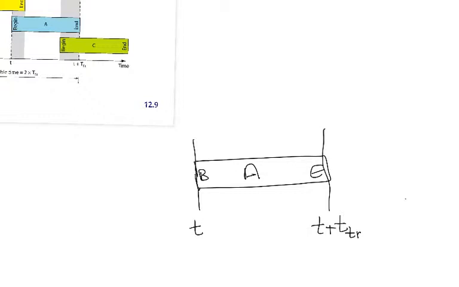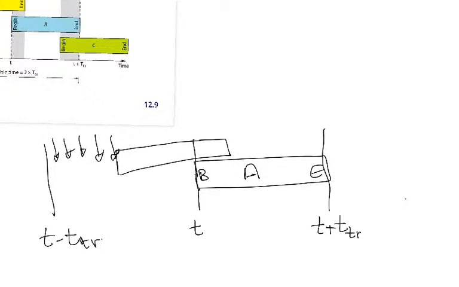If any node, assuming node B, tries to send within the time duration from t minus t transmission to t, that is, at any point in time within this range, the transmission will start and overlap with the transmission from A, which means that there is a collision.